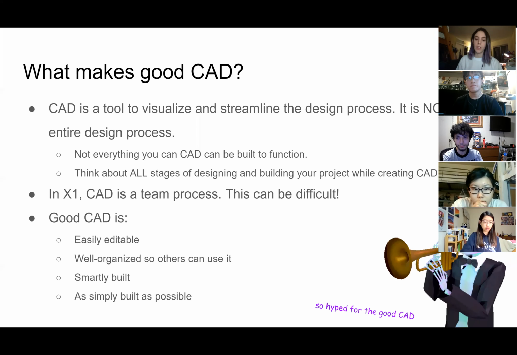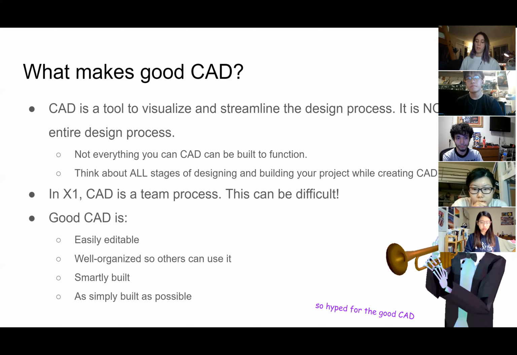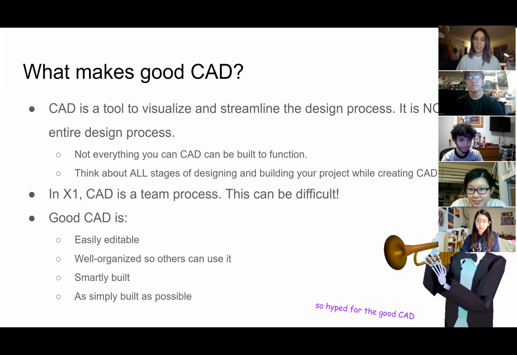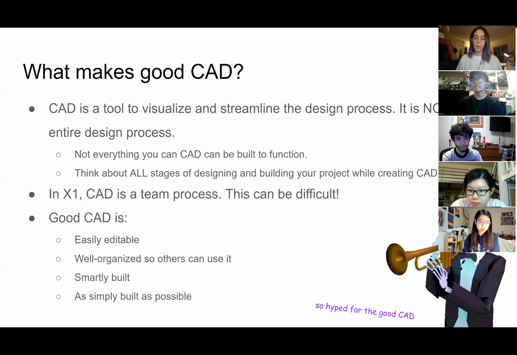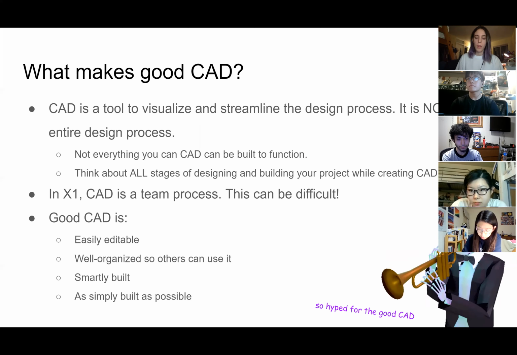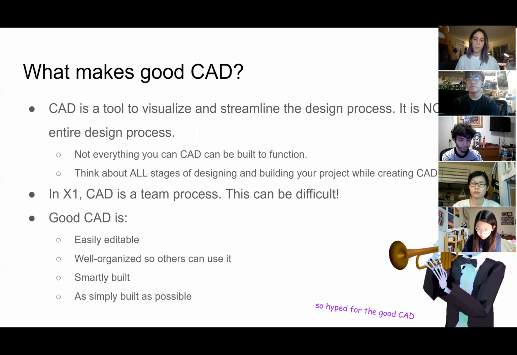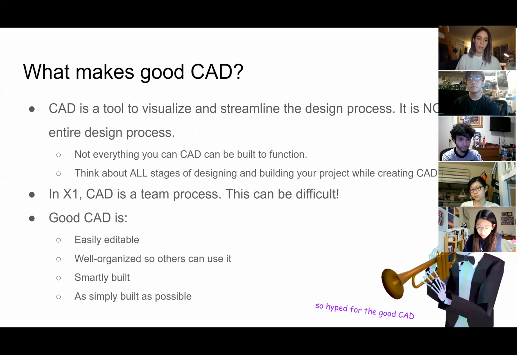So not everything you can CAD can be built to function, which means that things can have a lot of contradictions and conflicts in between. And you have to basically think about all stages of things. Another thing is that CAD as a team process can be difficult and requires a little bit more planning to do it in a team than doing it on your own.